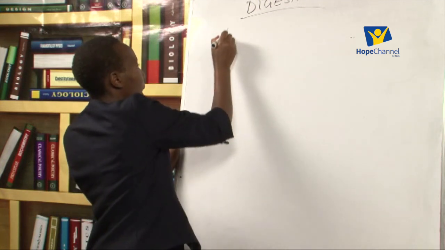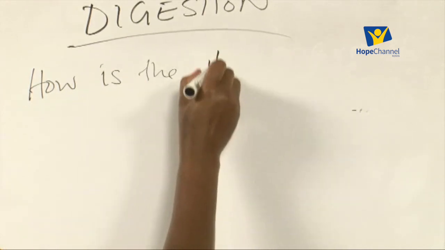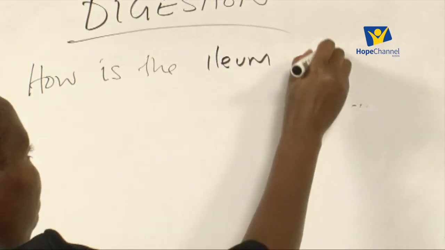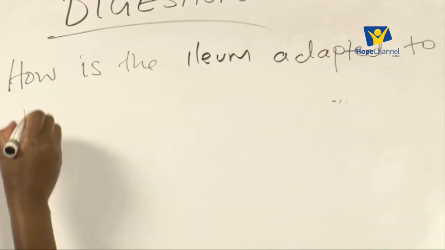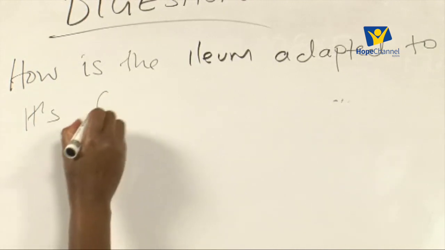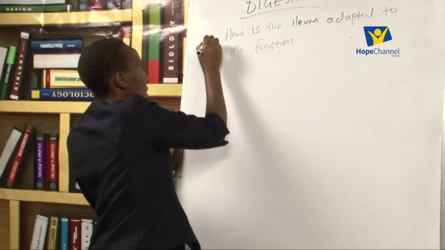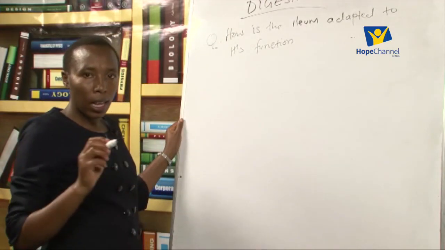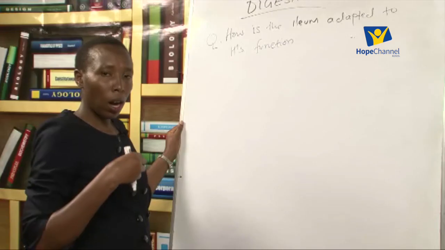So, how is the ileum adapted to its function? That is the question. How is the ileum adapted to its function? Now that it has two functions, it completes the process of digestion and absorbs the end products of digestion.